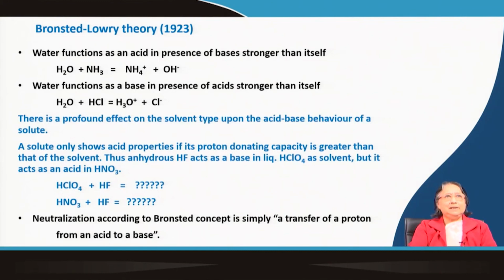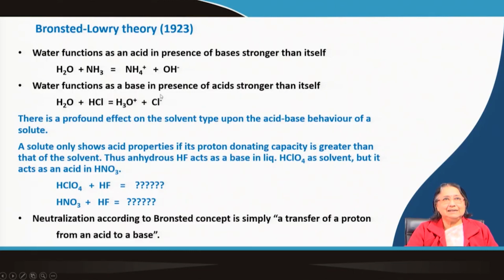This is very simple. Here it is shown that water functions as an acid. It will give a proton, and ammonia will be a base, so it takes up the proton to form ammonium ion. So, from water the OH minus ion is produced, and from ammonia the ammonium ion is produced. Water can also function as a base.